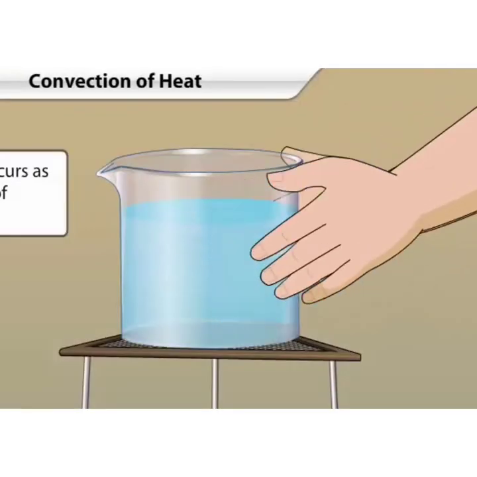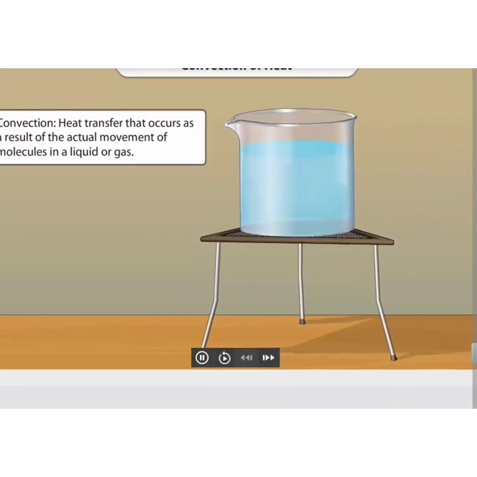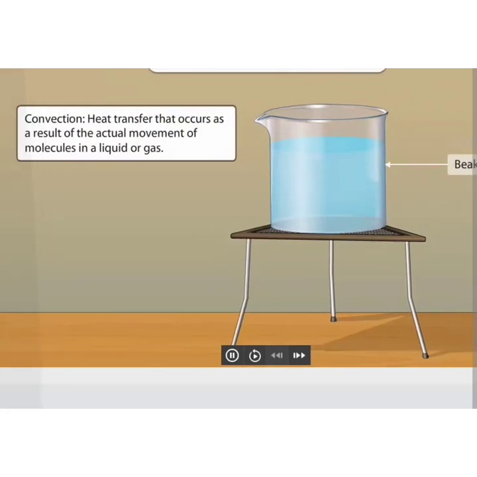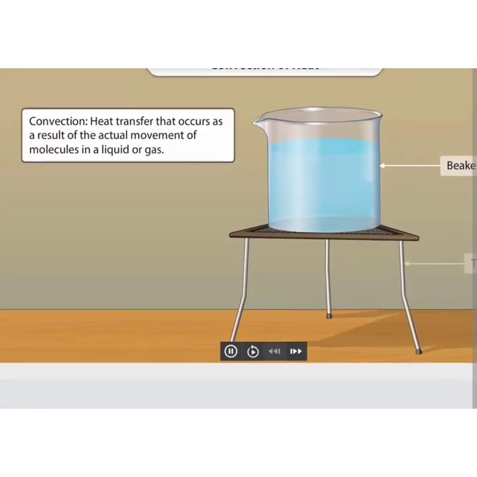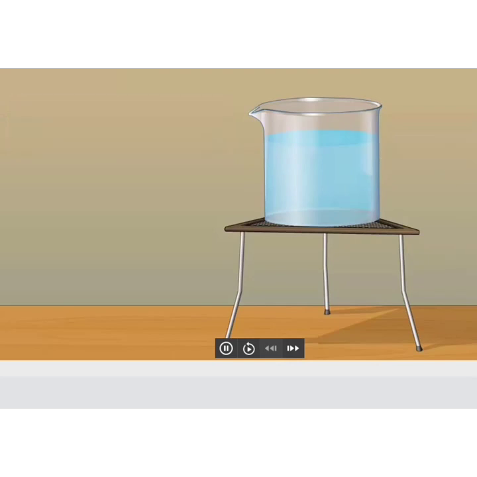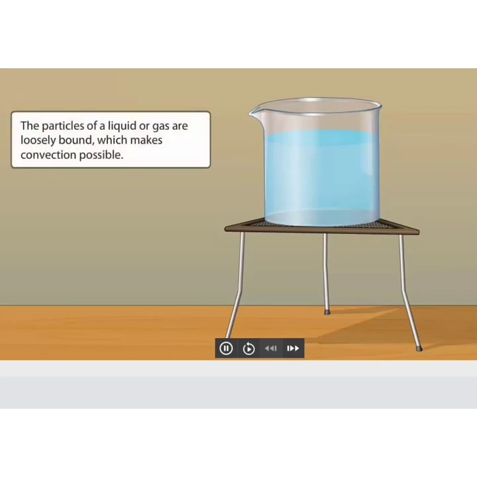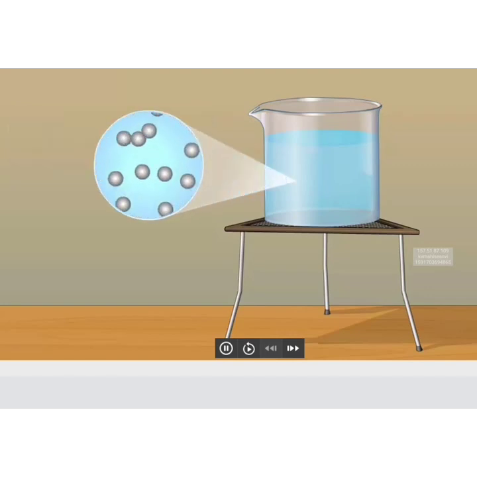Heat transfer that occurs as a result of the actual movement of the molecules in a liquid or gas is known as convection. This type of heat transfer only occurs in liquids or gases because their particles are loosely bound.